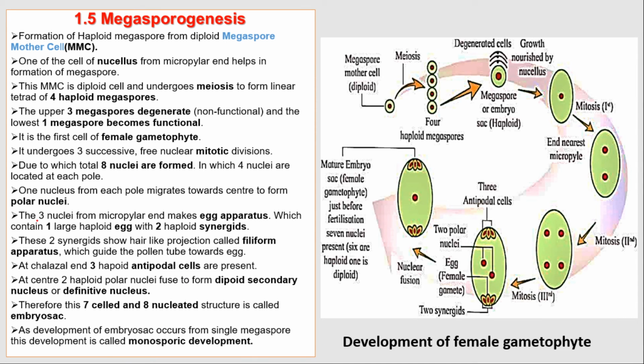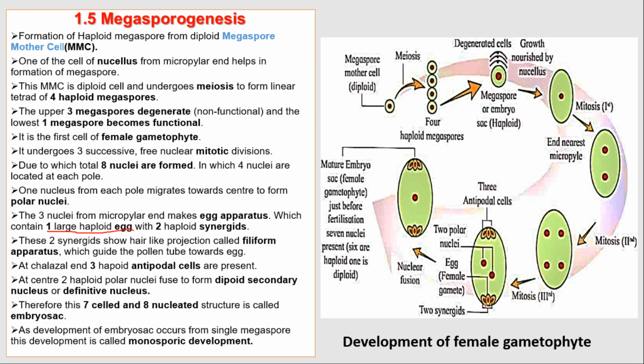Now the 3 nuclei from the micropylar end make the egg apparatus. So this is called the egg apparatus. This egg apparatus contains one large haploid egg.